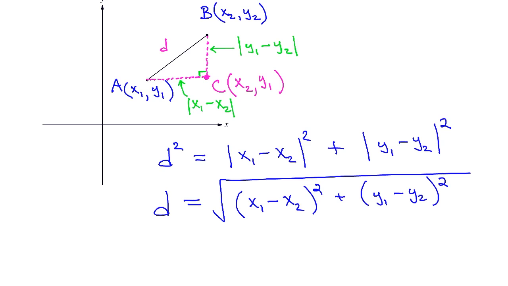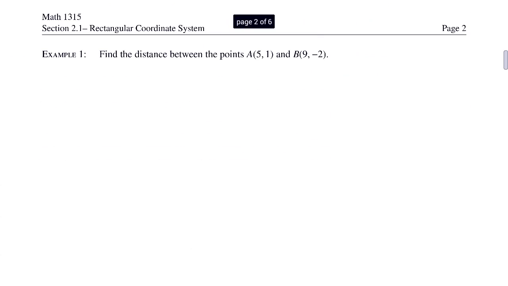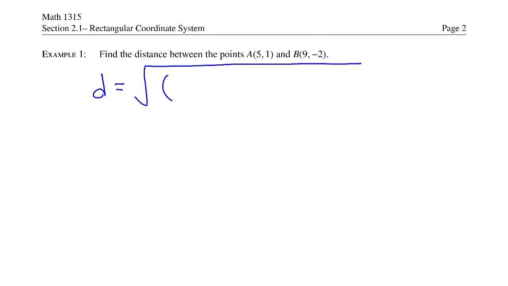Let's take a look at example 1. Find the distance between the points A, which is 5, 1, and B, 9, negative 2. So I'll start by writing the distance formula. D is equal to the square root of x1 minus x2 squared plus y1 minus y2 squared.